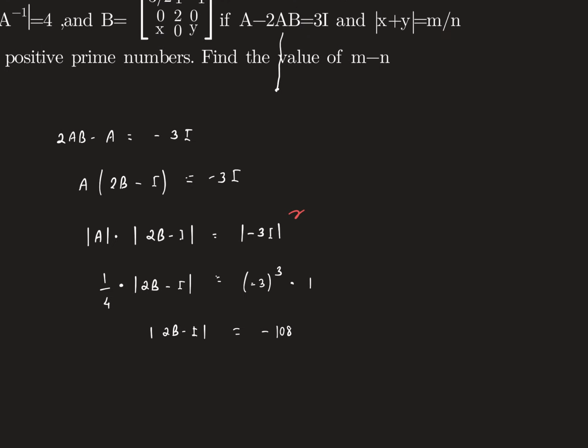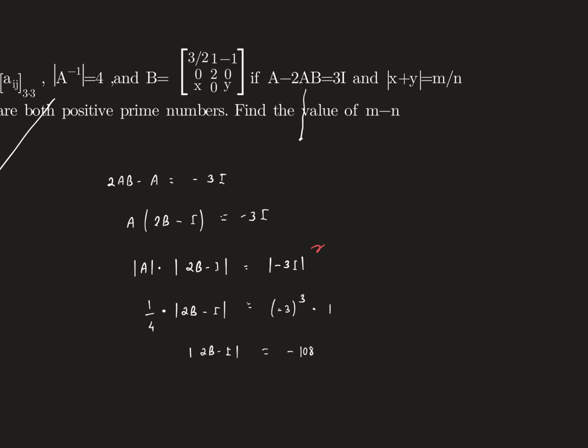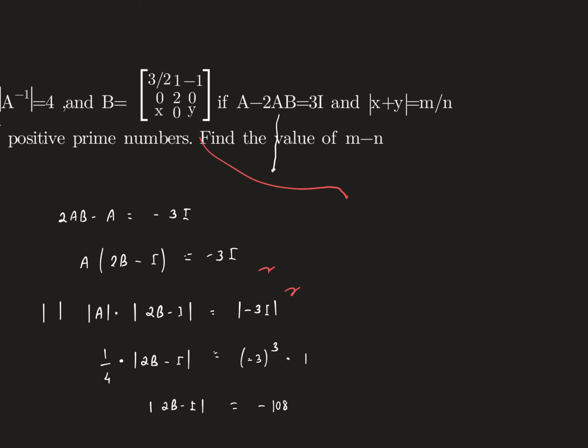So what we're going to find next is the value of matrix 2B, and we can find it from here. So 2B, well, you just multiply that matrix by 2. So what we'll get is the matrix 3, 2, -2, 0, 4, 0, 2x, 0, and 2y.